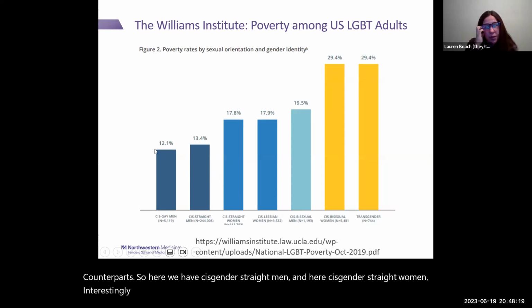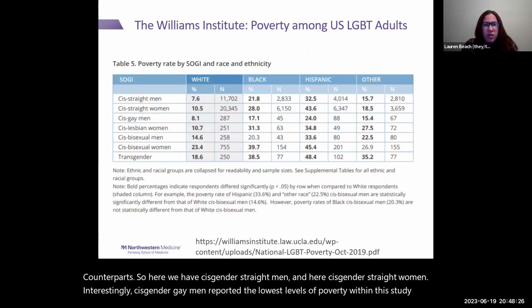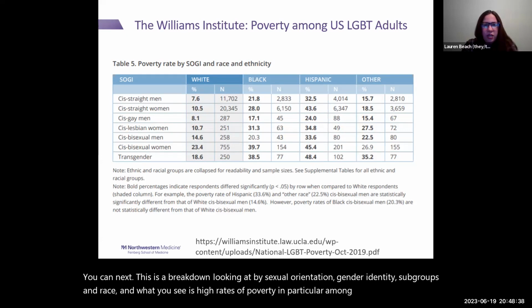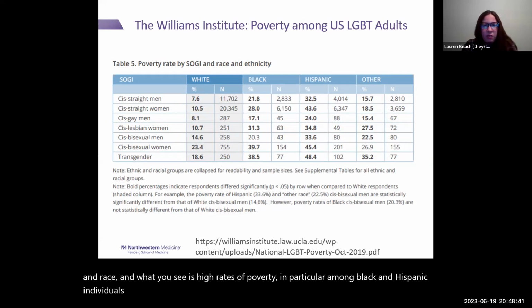Interestingly, cisgender gay men reported the lowest levels of poverty within this study. Next, this is a breakdown looking by sexual orientation, gender identity subgroups, and race. And what you see is high rates of poverty, in particular among Black and Hispanic individuals and other race individuals compared to white individuals across these categories.